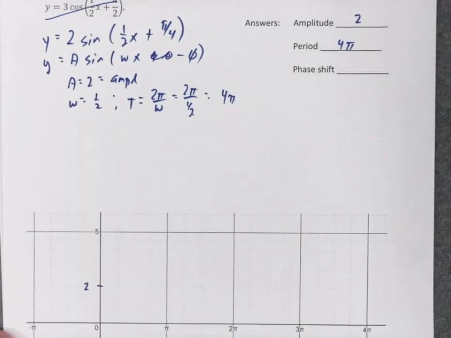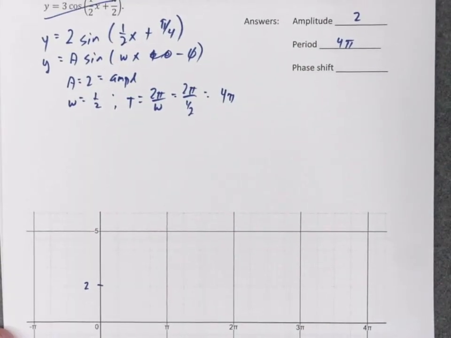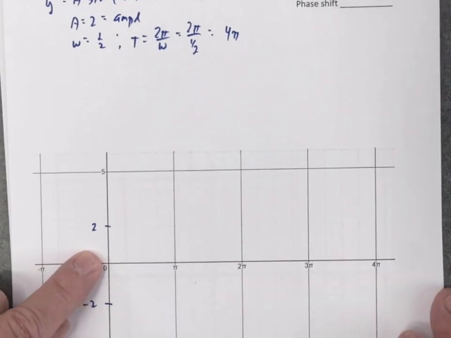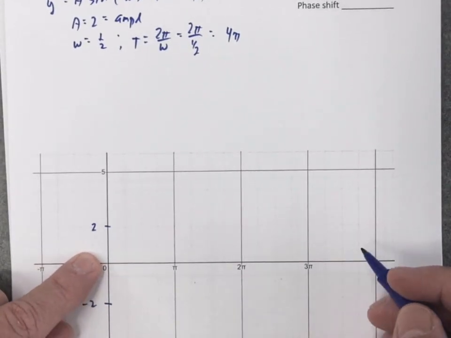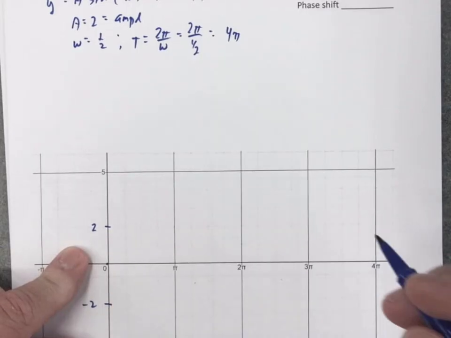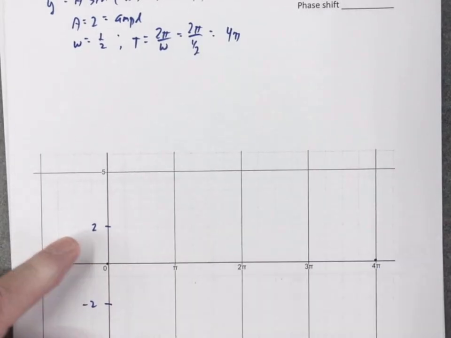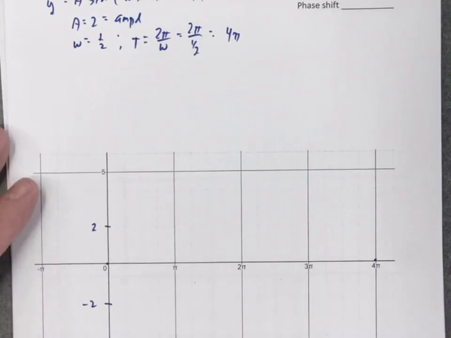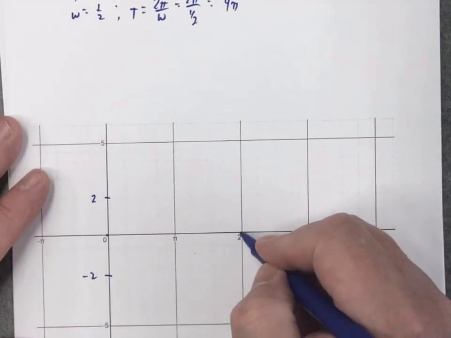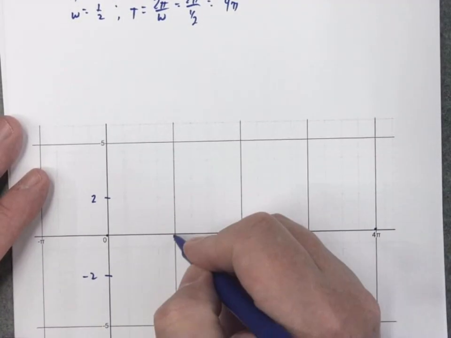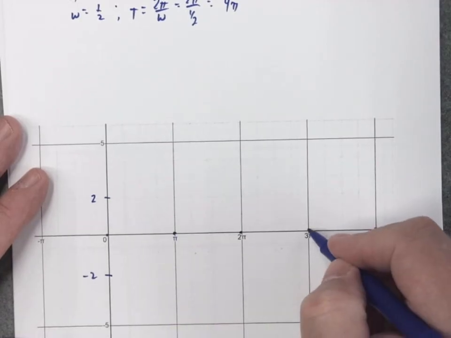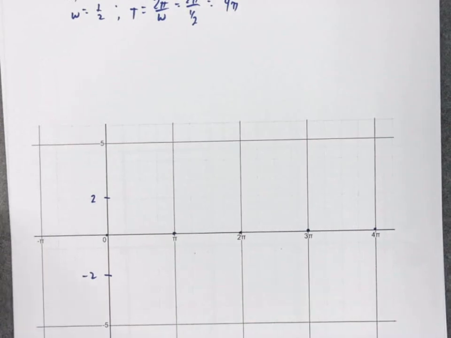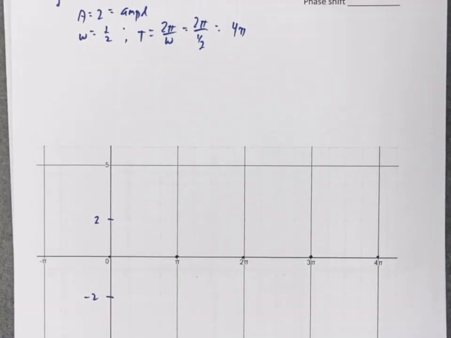So sometimes what I do is I just go ahead and if I'm going to draw one period, I'm going to go from 0 to 4 pi. And now I want to have my 3 points in between, so I cut this in half, and then I cut that in half, and I go here. So here are going to be the points, the main points, when I get ready to draw my graph.